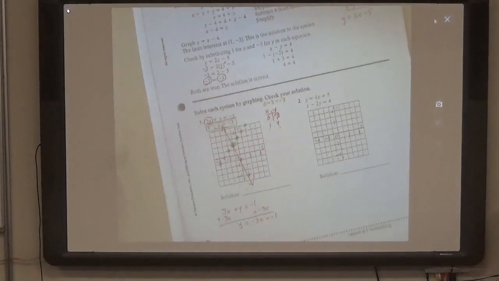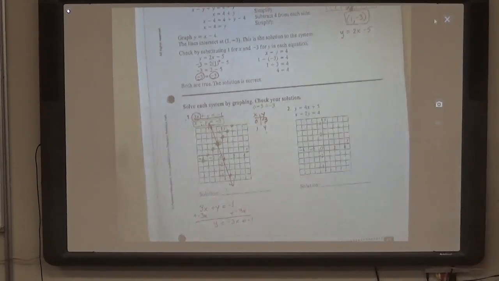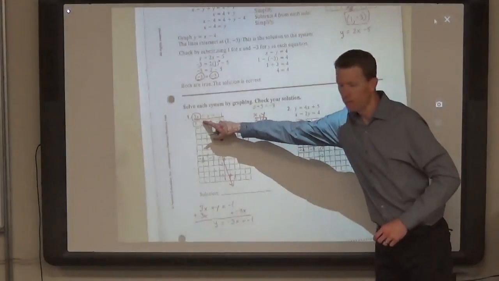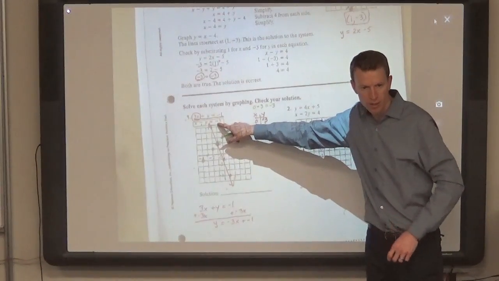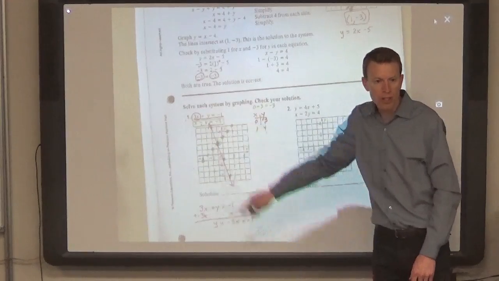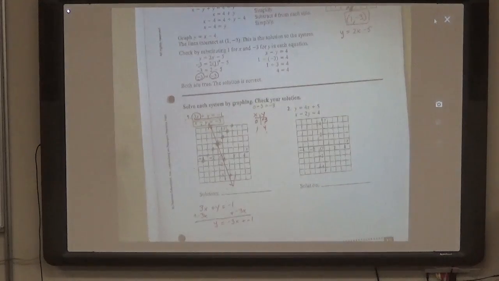Okay. Where did the 0 and the 3 come from? Where do they come from? We chose them, 0 and 3, because it makes the equation true. Remember, there are 2 ways.